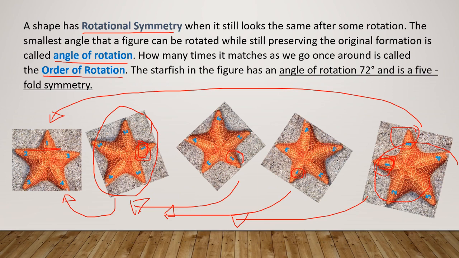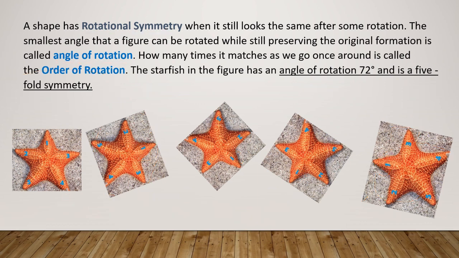And so, the starfish has five-fold symmetry. So the order of rotation for this particular starfish is 5.